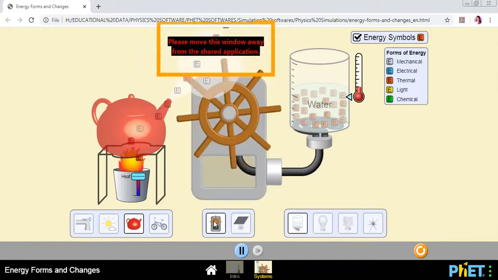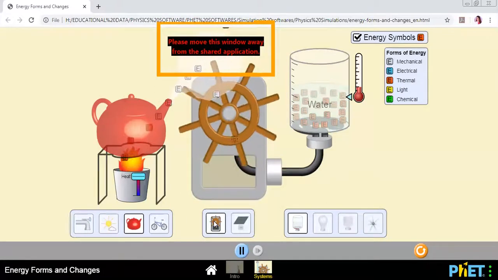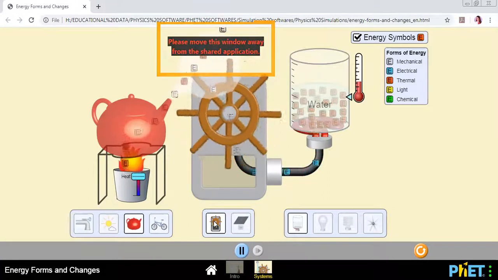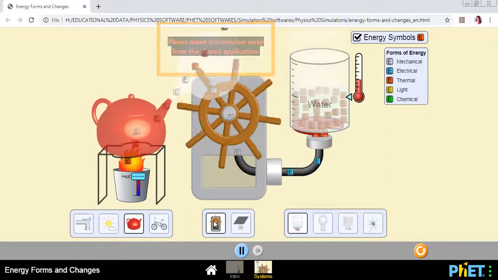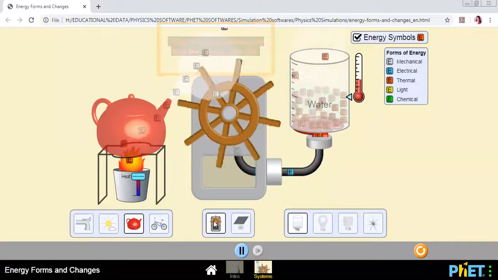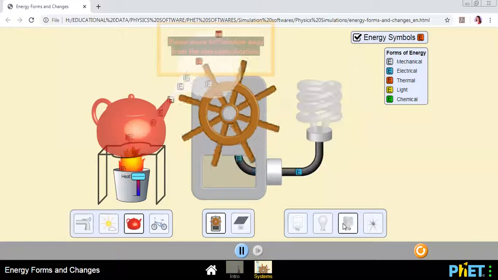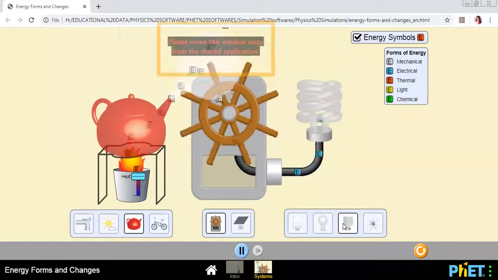This is my turbine, and what you observe is that the heat energy is converted into mechanical energy. That mechanical energy is enough to rotate the turbines, and then the turbine converts the mechanical energy into electrical energy, and then here the electrical energy is converted into light energy.